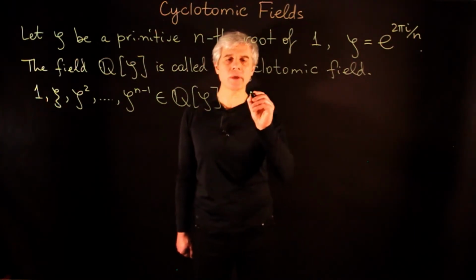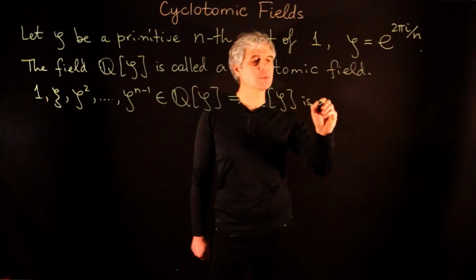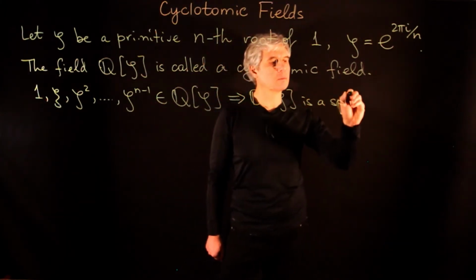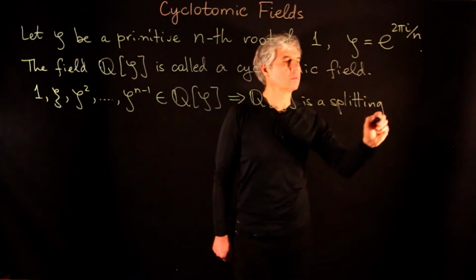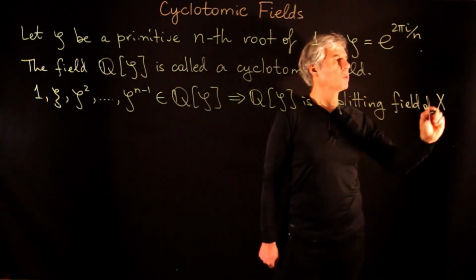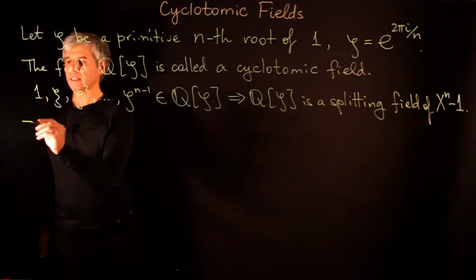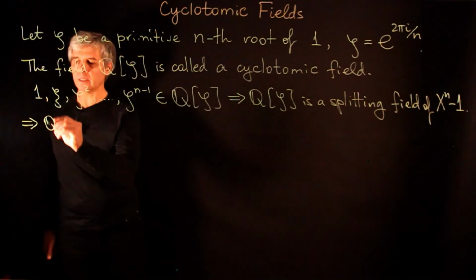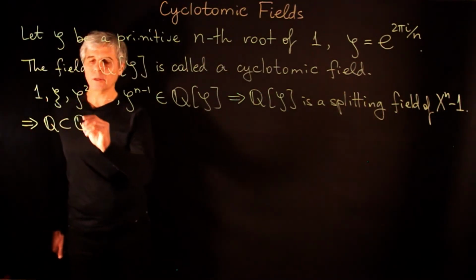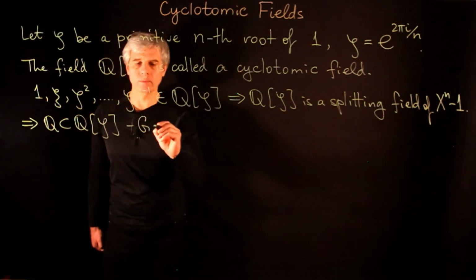So we conclude that Q of zeta is a splitting field of x to the n minus 1. So this tells us that this field is a Galois extension of Q.